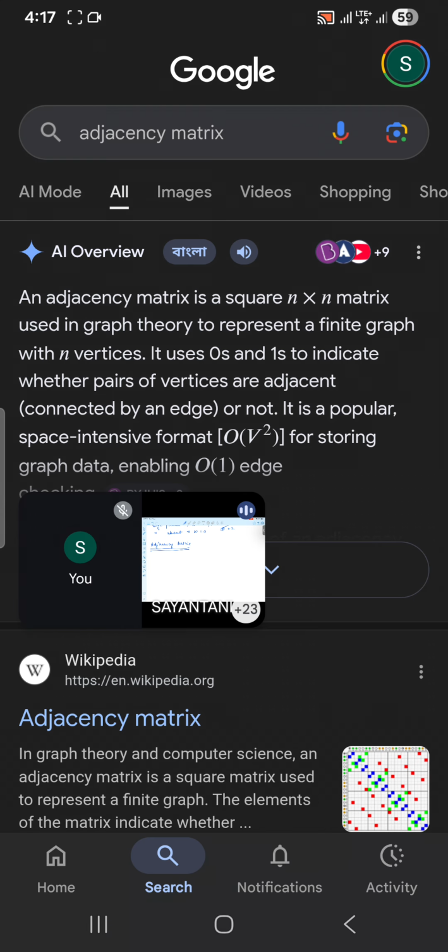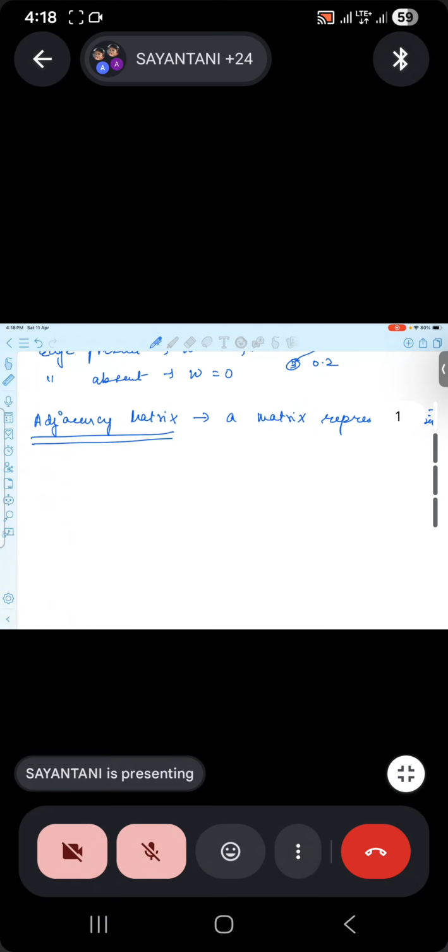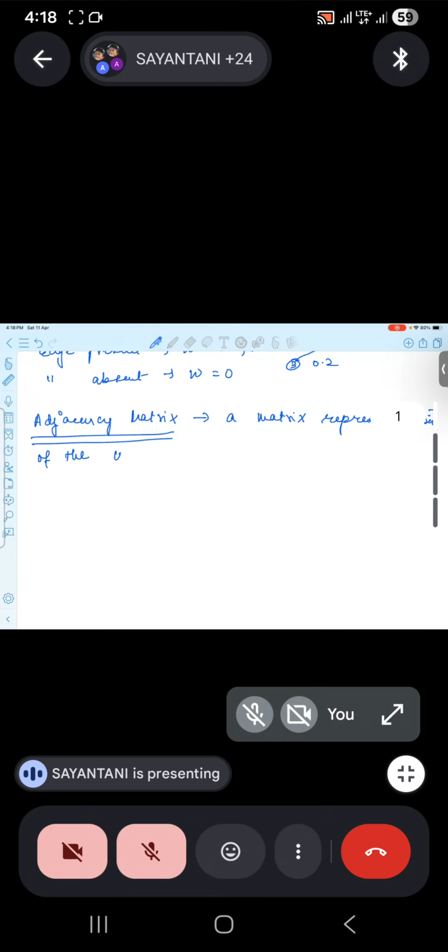So this is a matrix representation of the connections between different nodes.